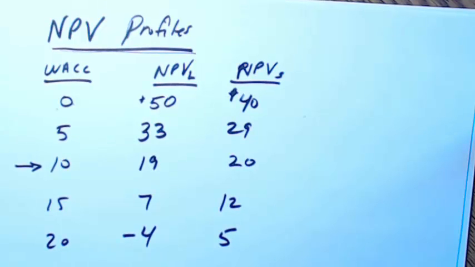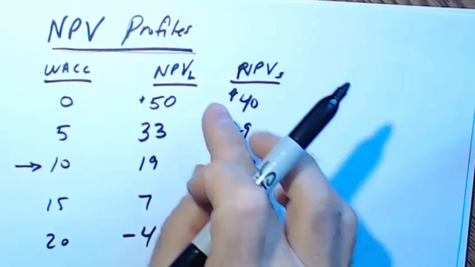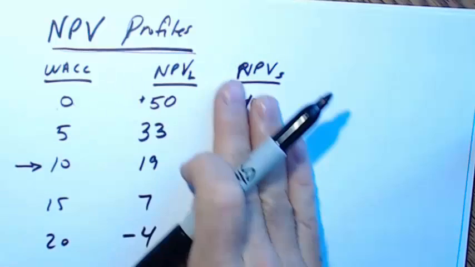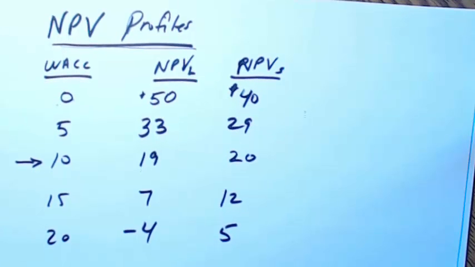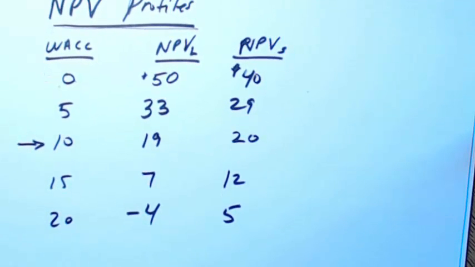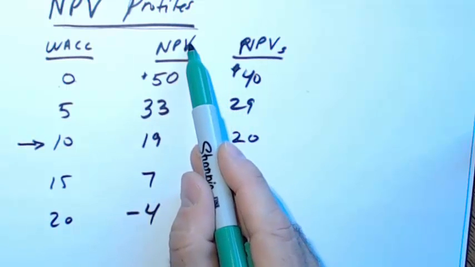So now what I want to do is graph these and think about what happens with the internal rate of return. So I just did strictly net present value calculations, but what I want to do is think about where the internal rate of return is. And you can see, before I leave this slide, you can kind of realize that internal rate of return is where the net present value becomes zero.